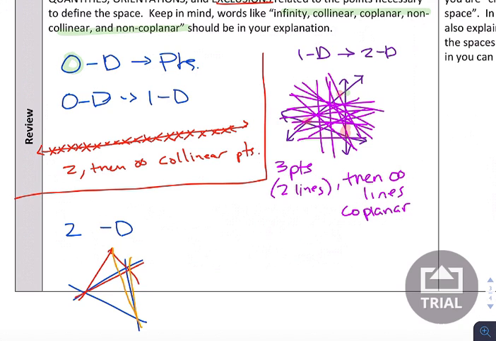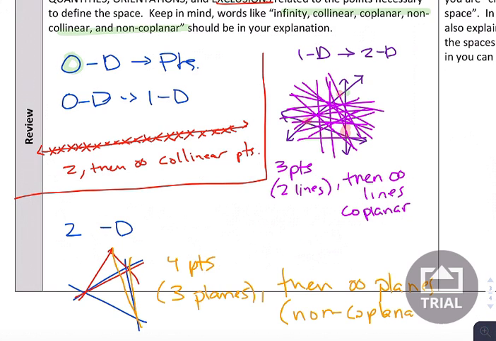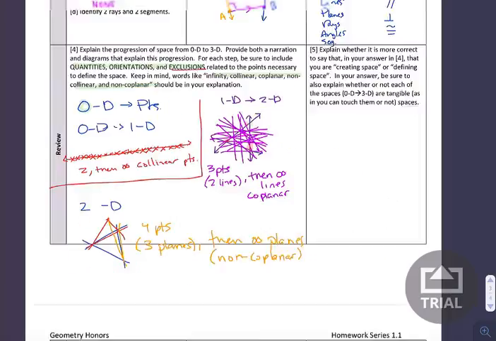And so we have 4 points initially, which is really just three planes. And then, of course, we're going to need an infinite number of planes in a non-coplanar way to finish defining the rest of that space.